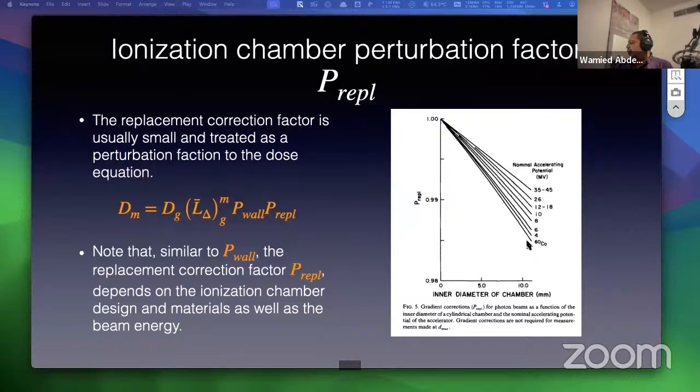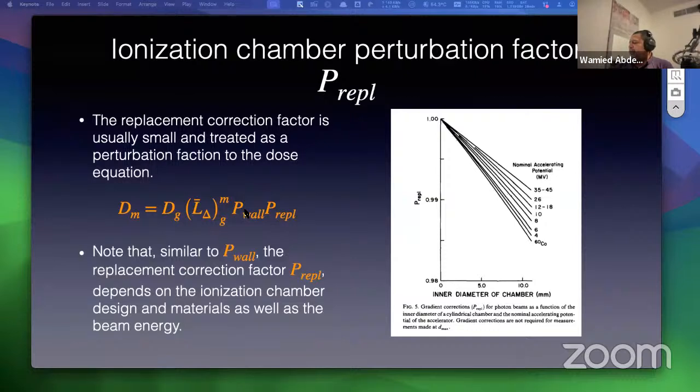Here, for example, the worst would be for cobalt. That's about a 2% effect for cobalt. At higher energies, this effect is less important. So then we can modify the dose equation, the P wall, as well as this P replacement correction factor.